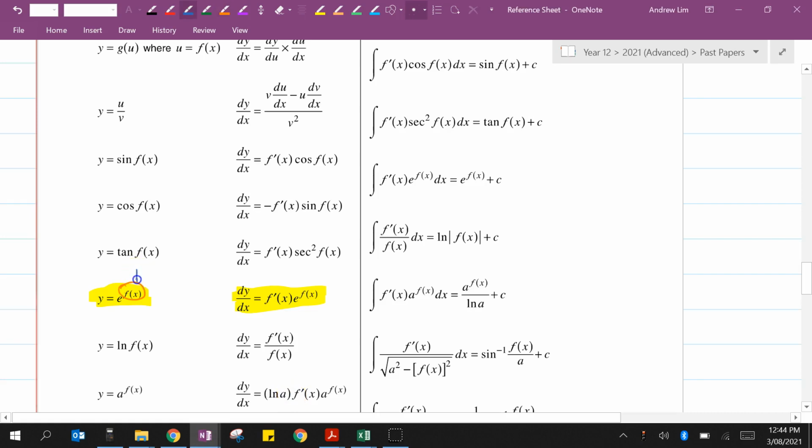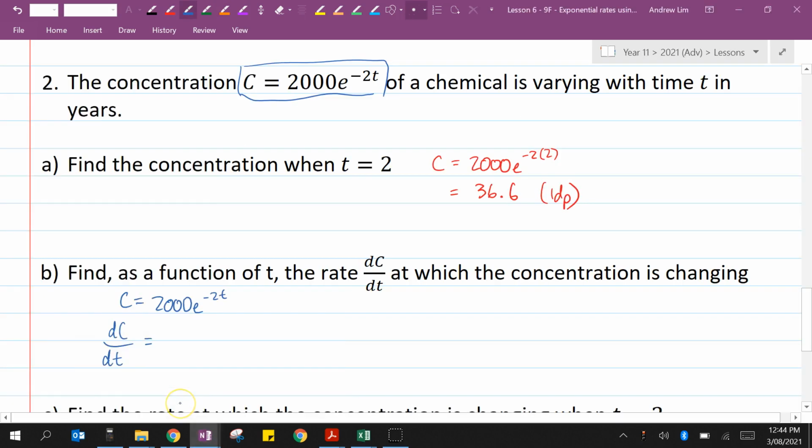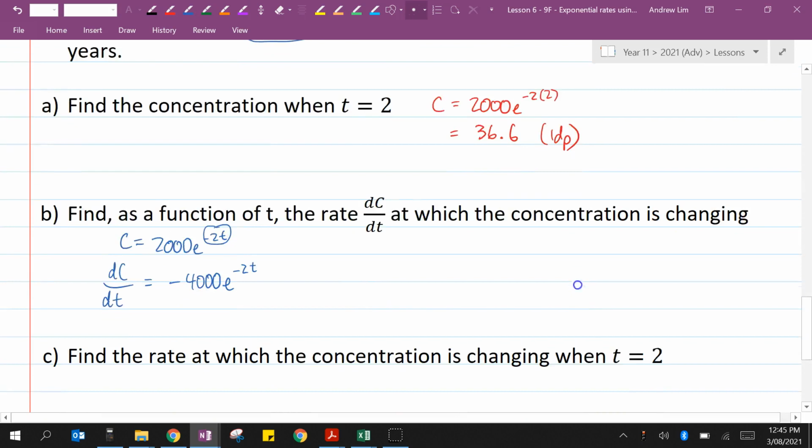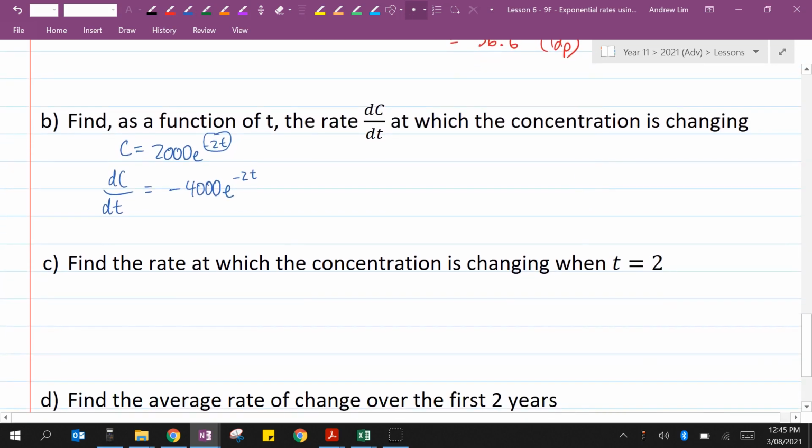We've got f of x, or f of t in this case, and we need to differentiate it and bring it out to the front. So when we differentiate this, we get minus 2. So we've got 2000 times minus 2, that's minus 4000. And then e to the f of t. Okay, so that's dc dt.